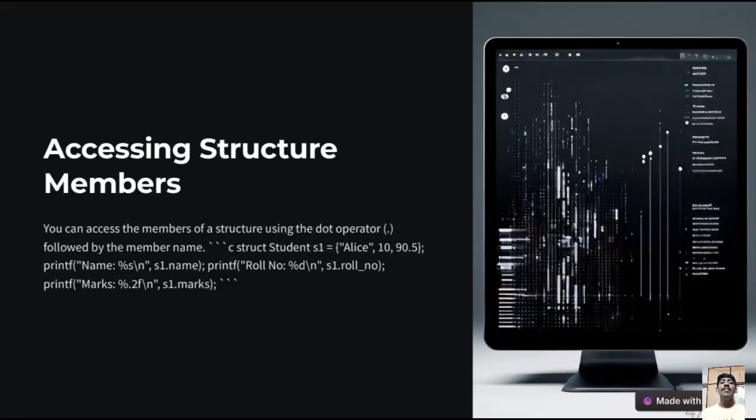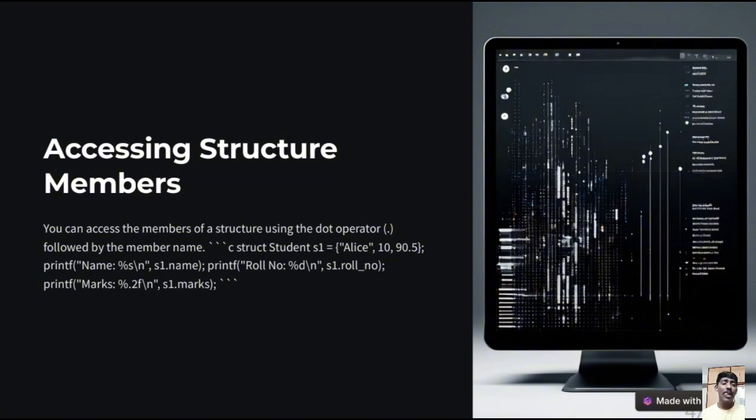The structure variables are struct tag name, variable 1, variable 2, up to variable n. For example, struct student s1, s2, s3.